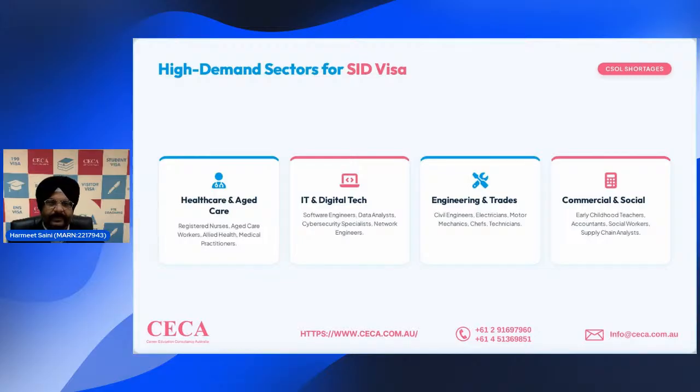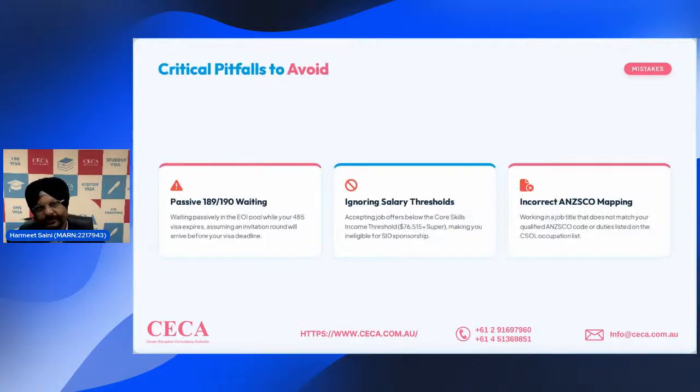The applicants like early childhood teachers, secondary school teachers, accountants, social workers, supply chain analysts. So all these sorts of workers, the visa subclass is available for everyone. But the main thing is your employer has to sponsor you.